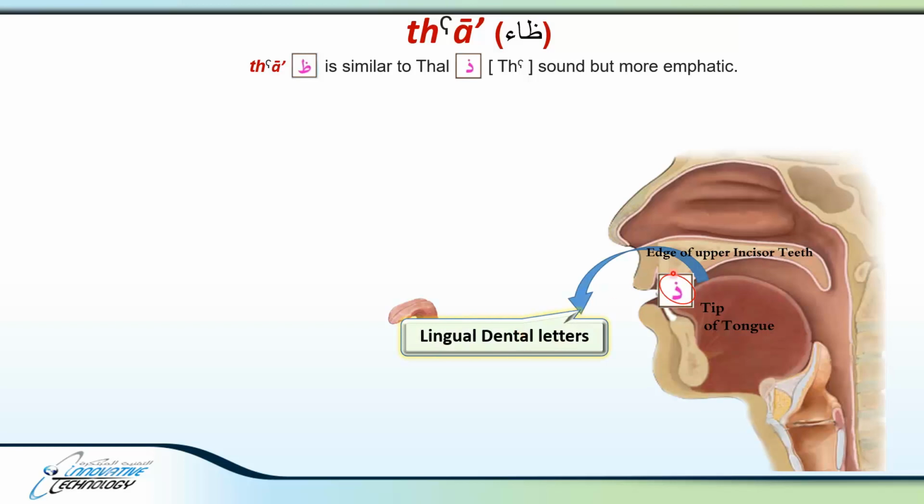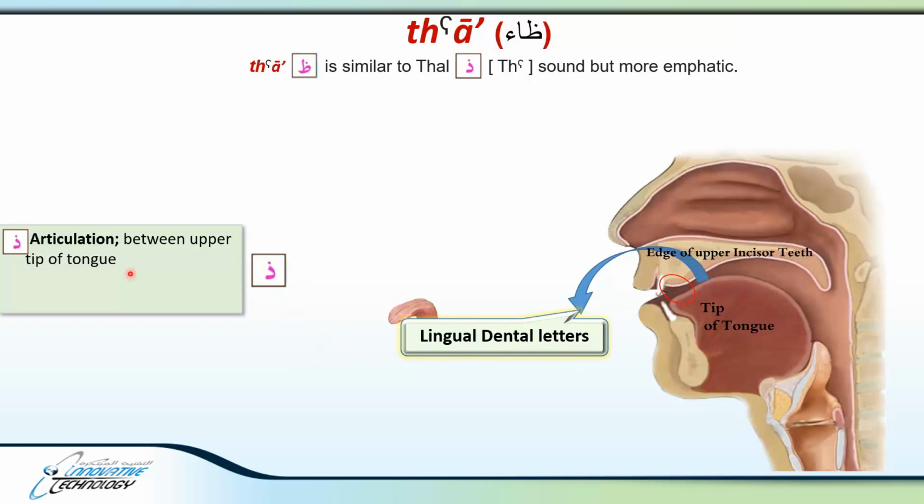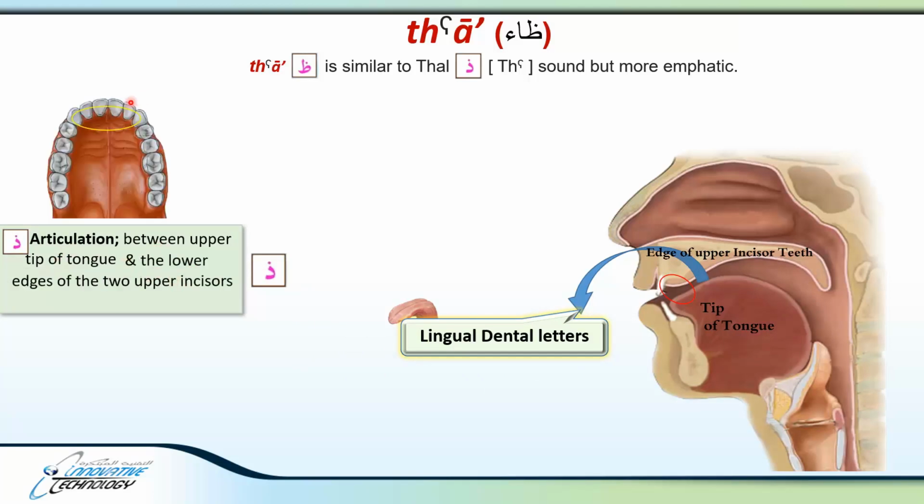Lingual dental: the tongue and the root or the edge of the upper incisor teeth produce it. These are the incisor teeth. Tip of the tongue and root of the incisor teeth.